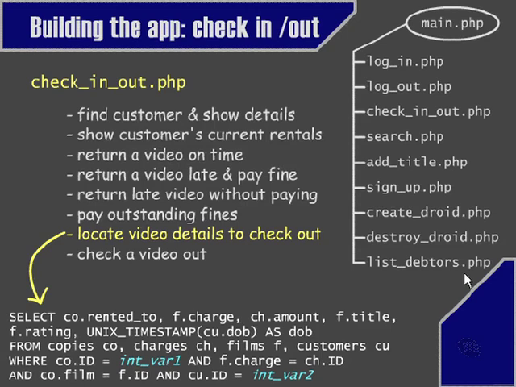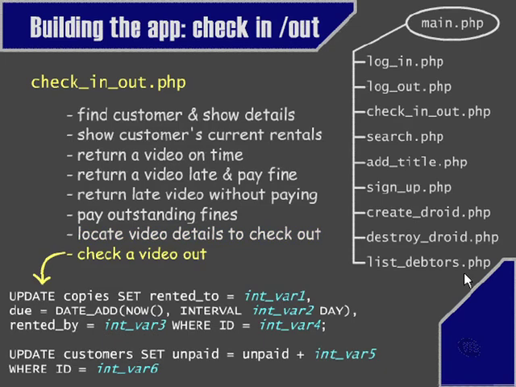This allows us to make sure that the customer is getting out a video that's suitable for their age group. Again, the criteria for the select query links the various tables and uses two integer variables to find the particular copy and the particular customer that's involved in the transaction.